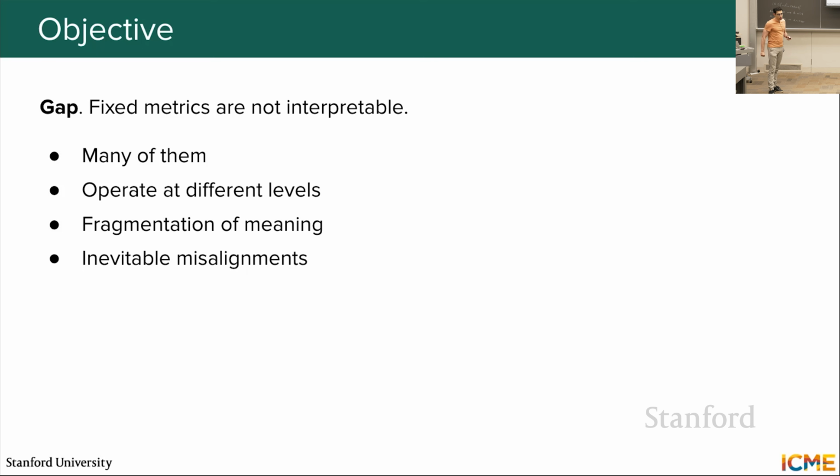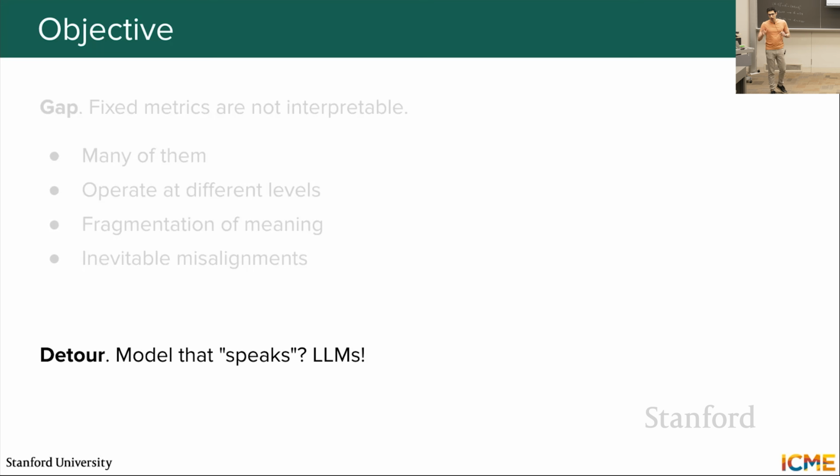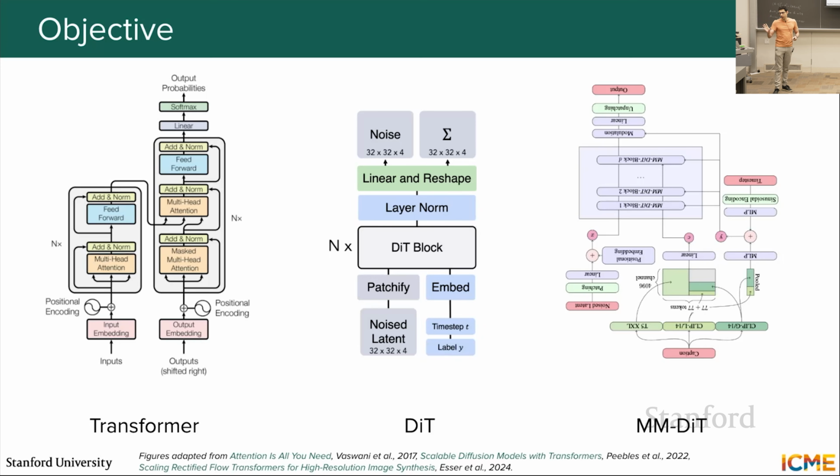So I'm going to invite you to do a little detour and visit a class of models that we call multimodal LLMs, because they have the nice property of being able to convert text and image data into text. But before we do that, let's do a little summary of the kinds of models we've seen so far in the class.